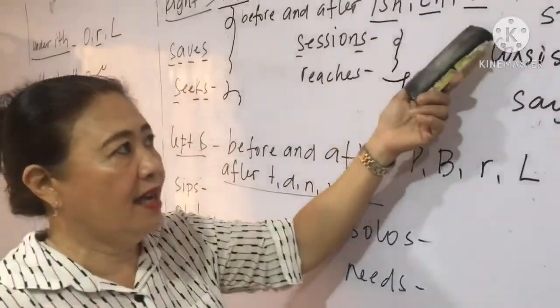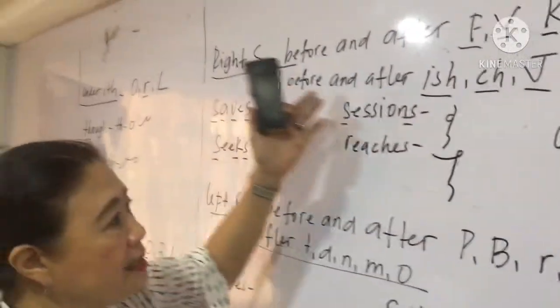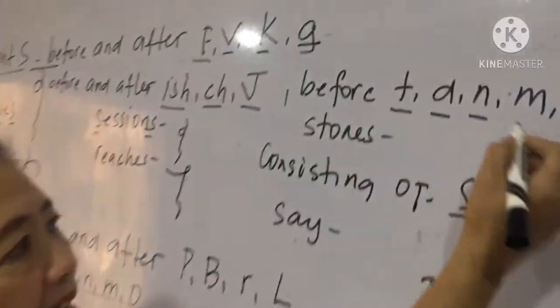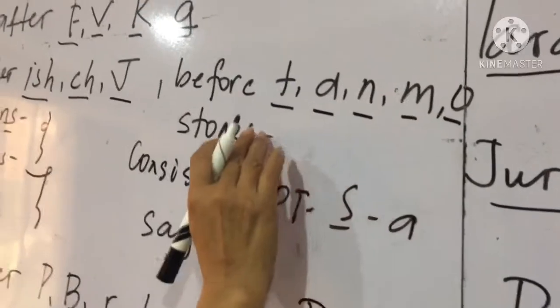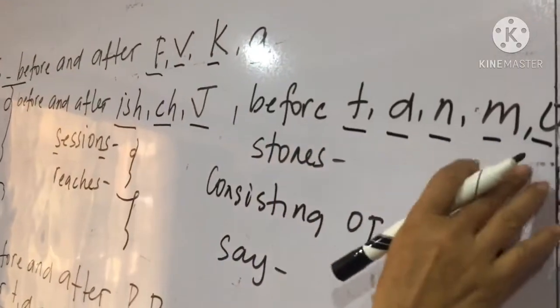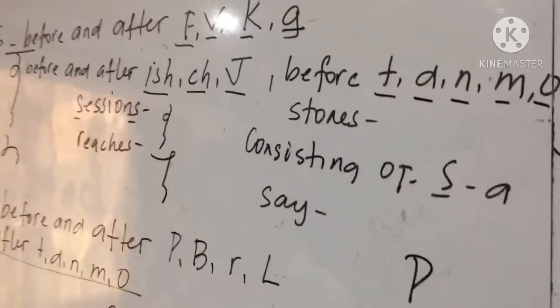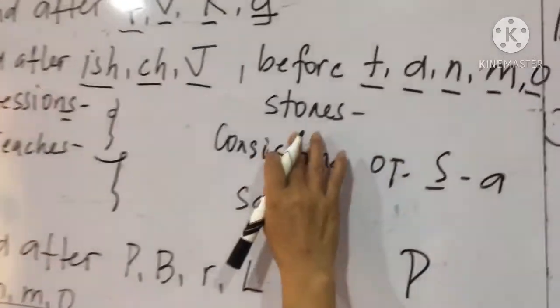Not only F, V, K, and G, ISH, CH, the right S is also used before T, D, N, M, O. When we say before the T, D, N, M, O, there is S, so you have to use the right S. Like the word stones.